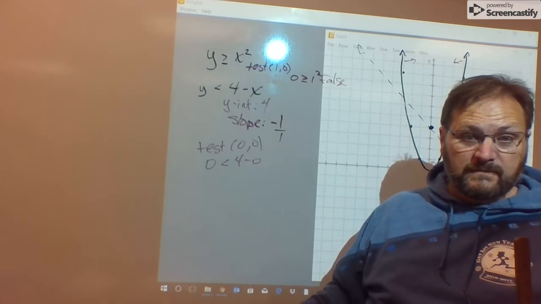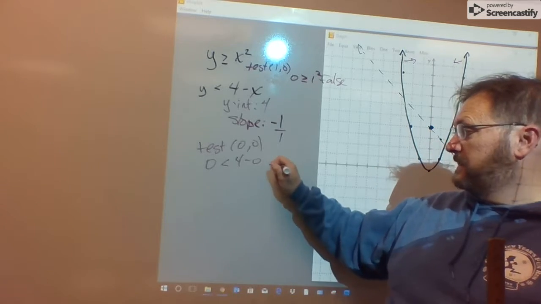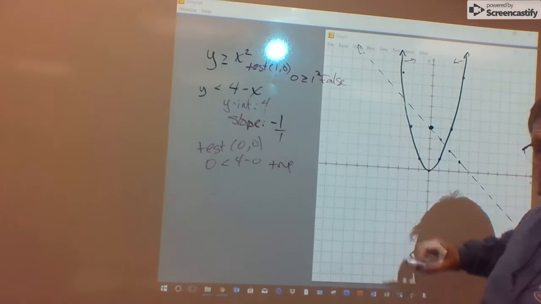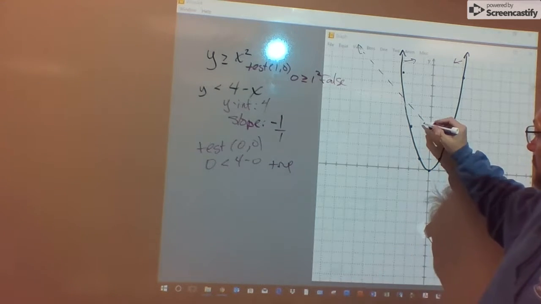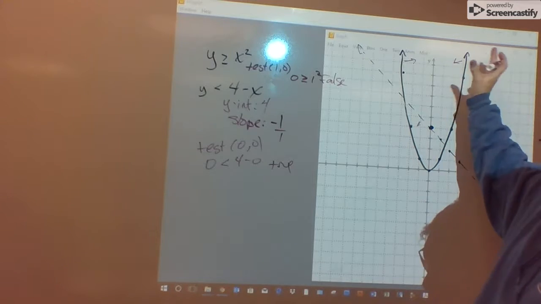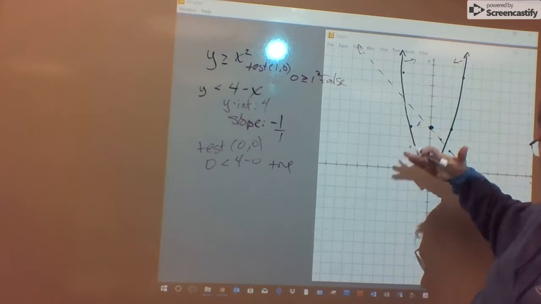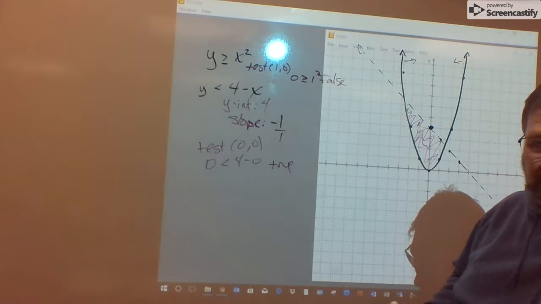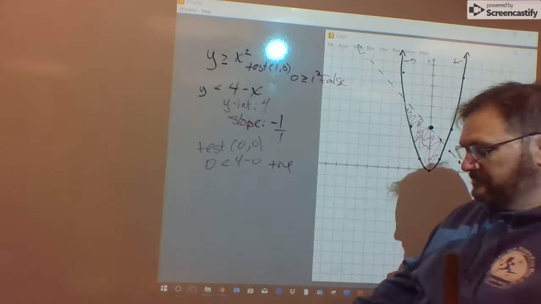That's true, 0 is less than 4. Where was my test point? It was below the line. Shade below the line. So I have to be inside the parabola, but below the line. It has to be that region right there.